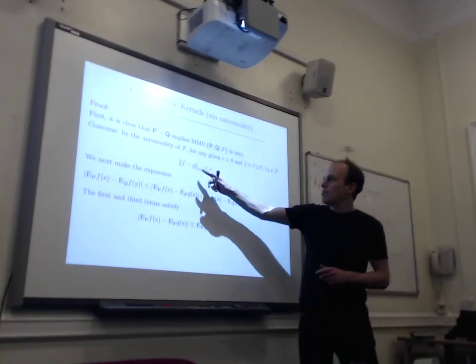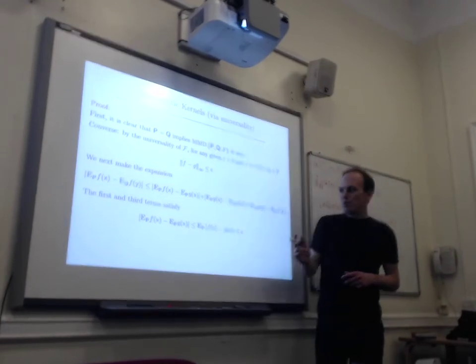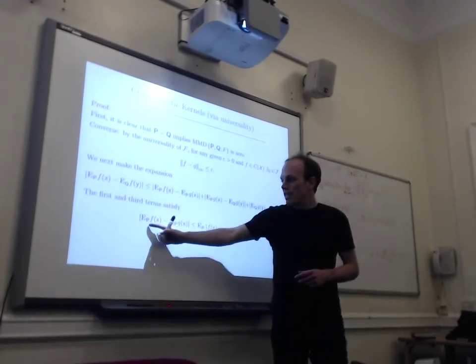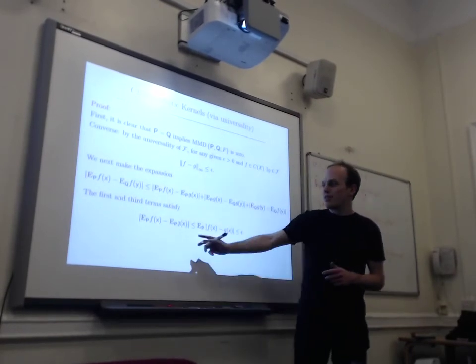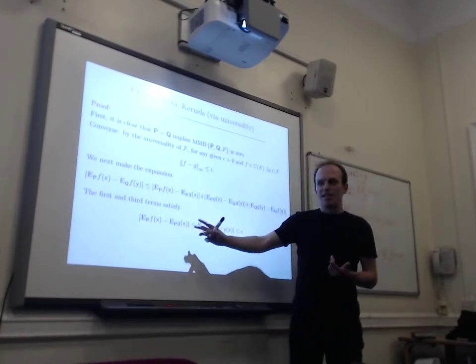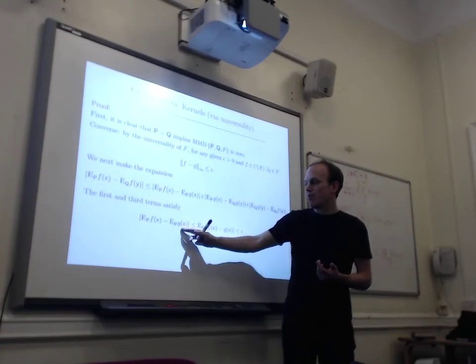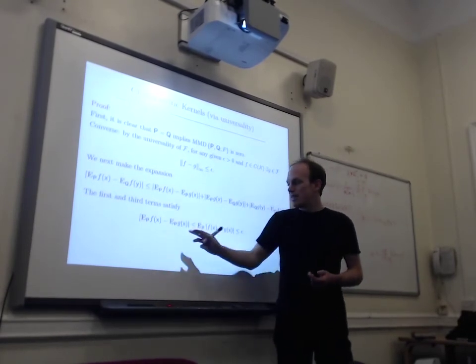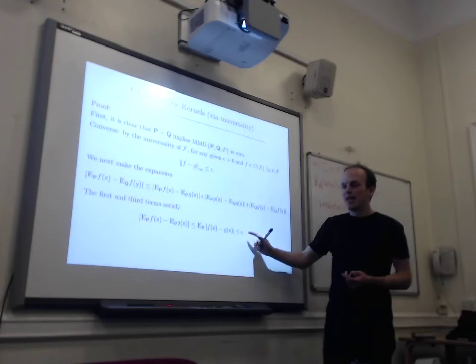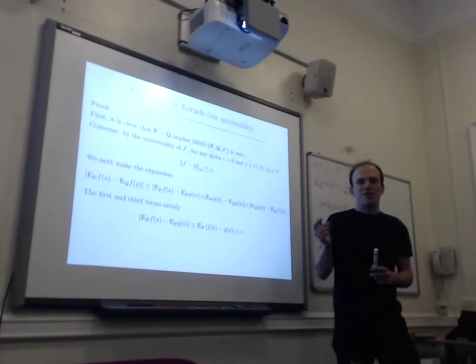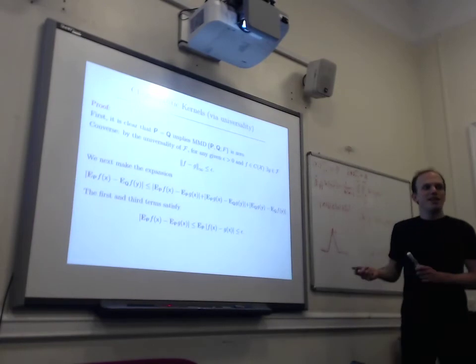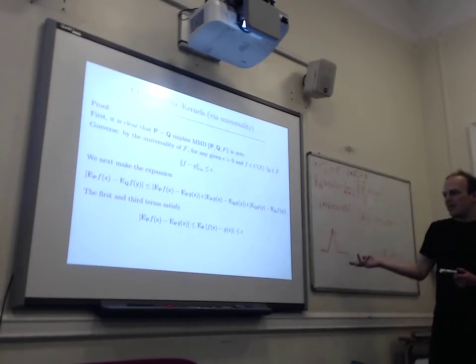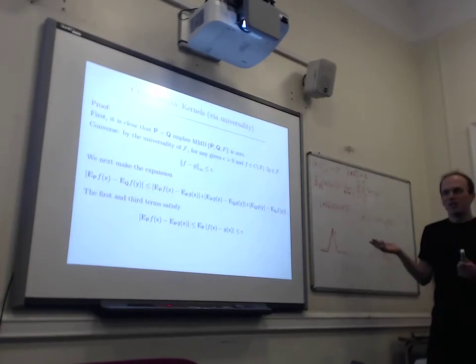Now, because of this property here, I can be sure that the difference between the expectation under p of f, my bounded continuous function, and of g, the RKHS function which is very close to it, has to be less than epsilon. And this makes sense because if the largest distance between f and g is epsilon, then in expectation, for sure the difference is going to be smaller than epsilon, because the biggest possible distance between them is epsilon.